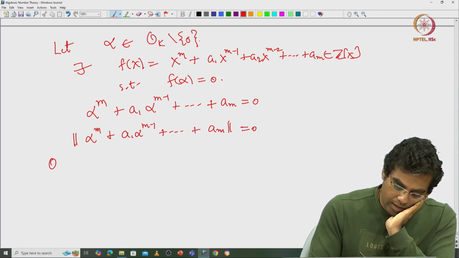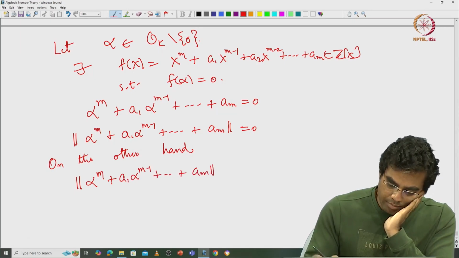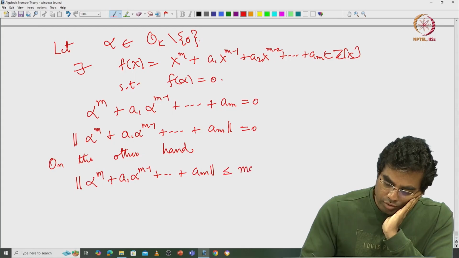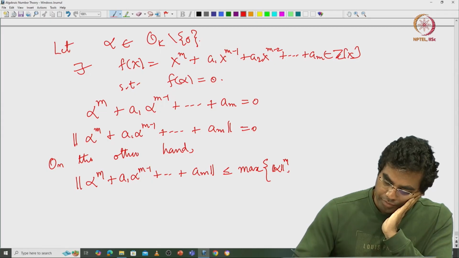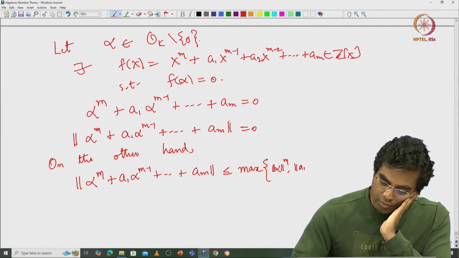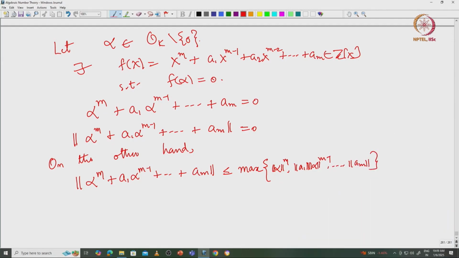But on the other hand, valuation of alpha to the m plus a1 alpha to the m minus 1 and so on up to am is less than or equal to max of valuation of alpha to the m, valuation of a1 alpha to the m minus 1 and so on up to valuation of am, all right.